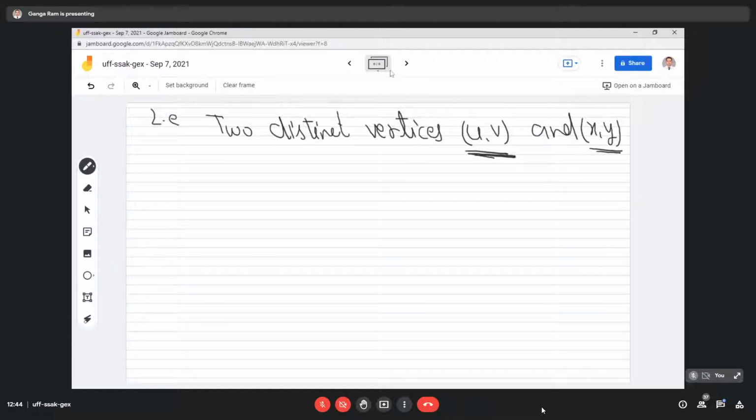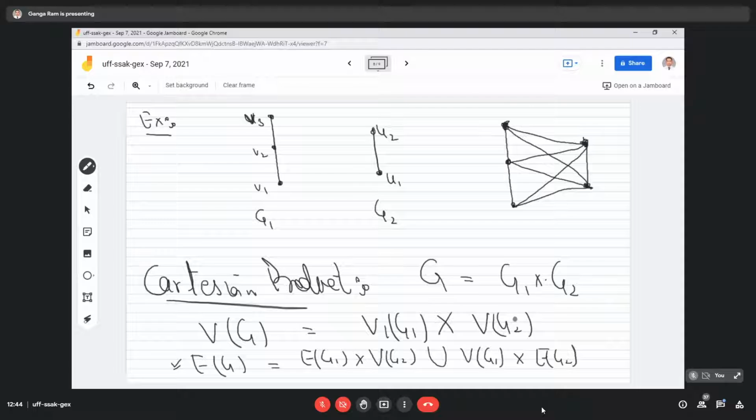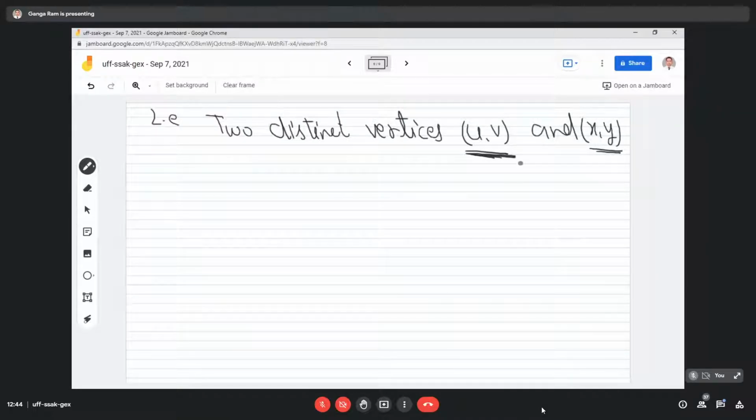Okay, because we are taking the Cartesian product, the resulting graph is the product of G1 and G2. So in this case, this will represent the distinct vertices of G1 cross G2. It is clear now? This is the vertex representation, first vertex and second vertex, and these are distinct vertices of graph G1 cross G2, or just G. Clear?